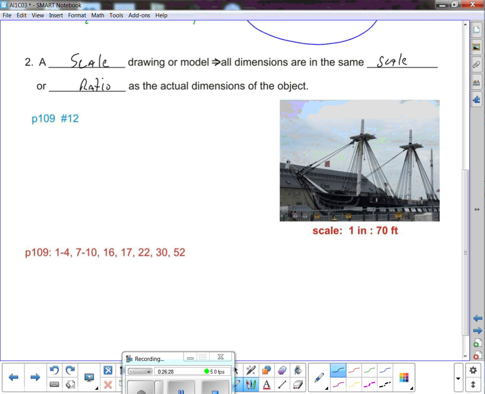But scale and ratio. On this ship, the scale is 1/70, and we could ask what's the size of the mast. Well, you could get a ruler out, measure the mast, and now make a proportion, right? That's how you would figure it out. If I ask the size of the mast, let's suppose I call that X. So the top is the mast.